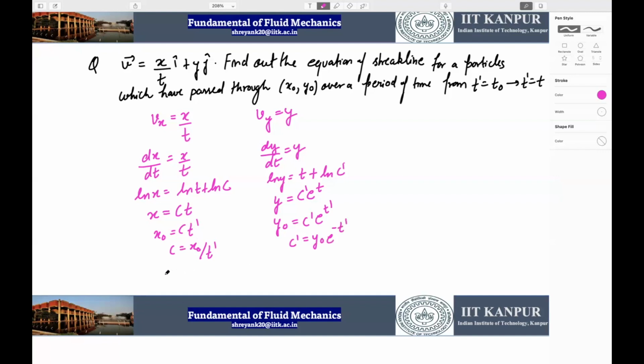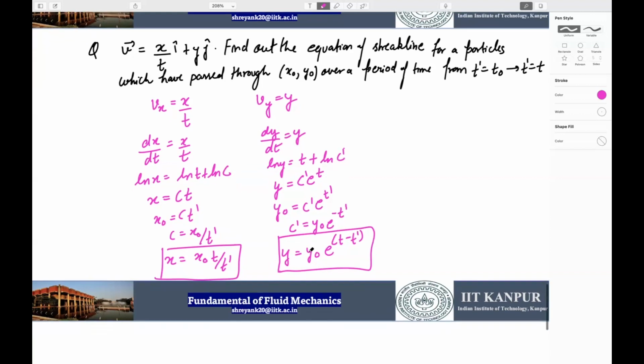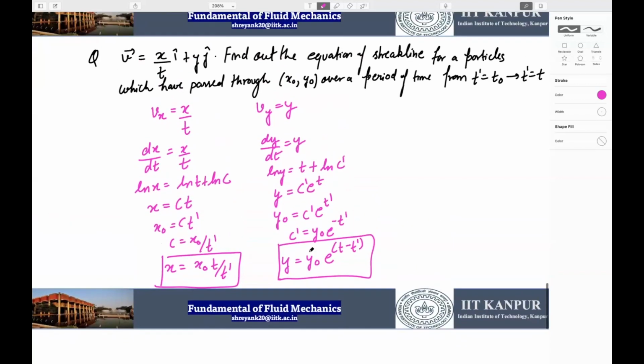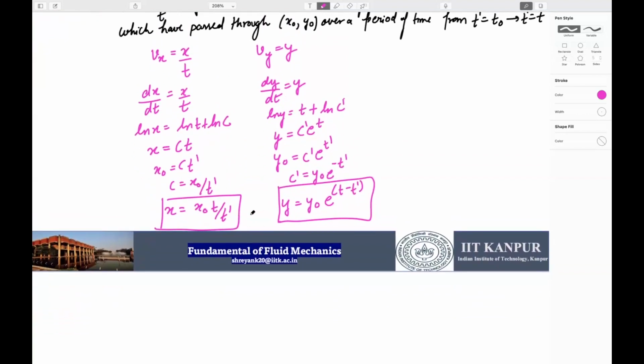So what we get is x is equal to x naught t by t prime, and y is equal to y naught e to the power t minus t prime. So these are the path lines. Now we need to eliminate this t prime term to get the equation of the streak line.